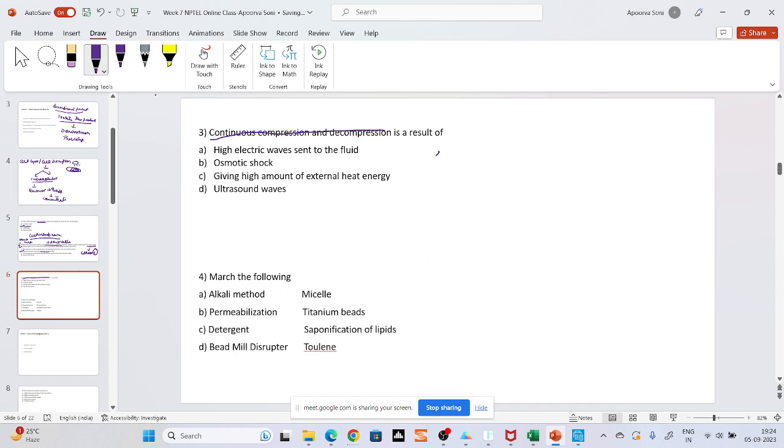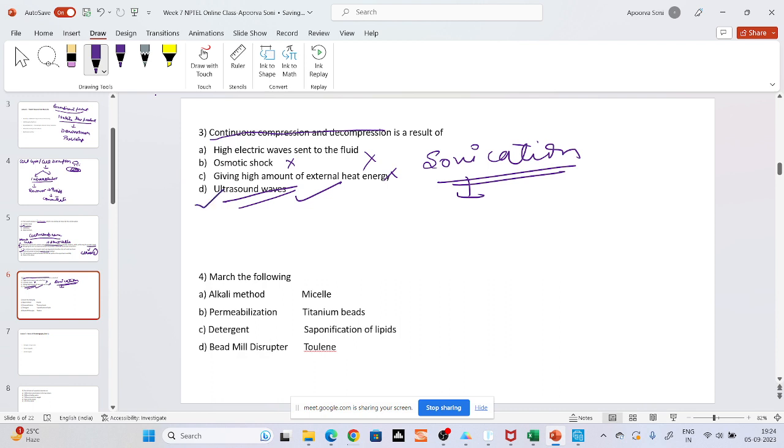Sonication. So sonication involves continuous compression and decompression. So if we are dealing with sonication, what are we dealing with? Osmotic shock, no. Heat energy, no. Electrical waves, no. But there are ultrasound waves. So continuous compression and decompression is a result of ultrasound waves.